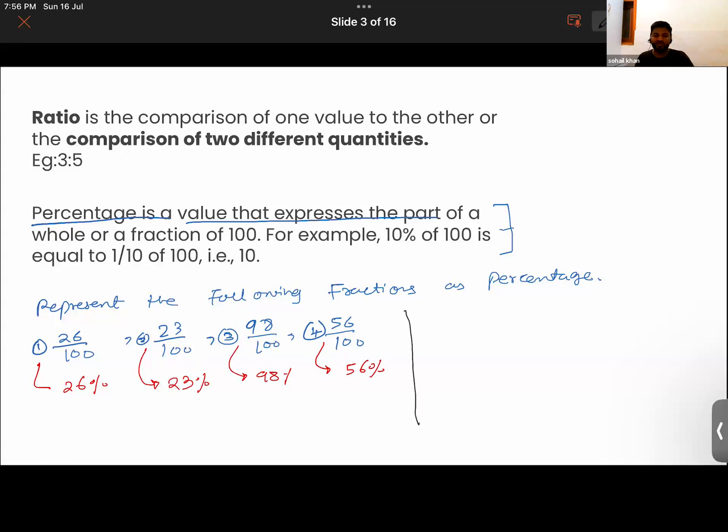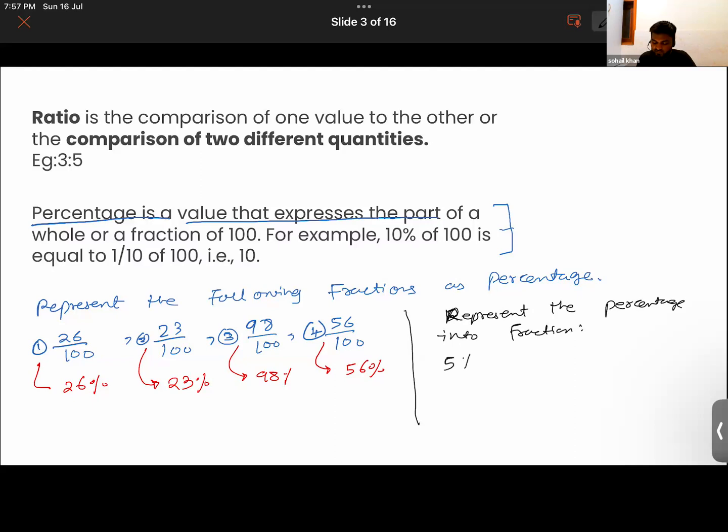In this one, you are required to represent percentage into fraction. So let me write the question first. Represent the percentage into fraction.